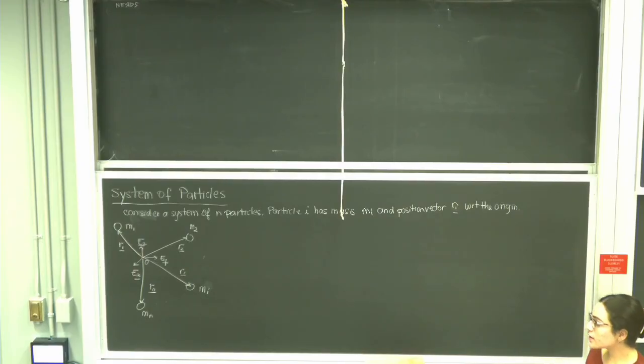So consider a system of particles, with n particles going from 1 to n. A typical particle has mass mi, position vector with respect to the origin Ri.